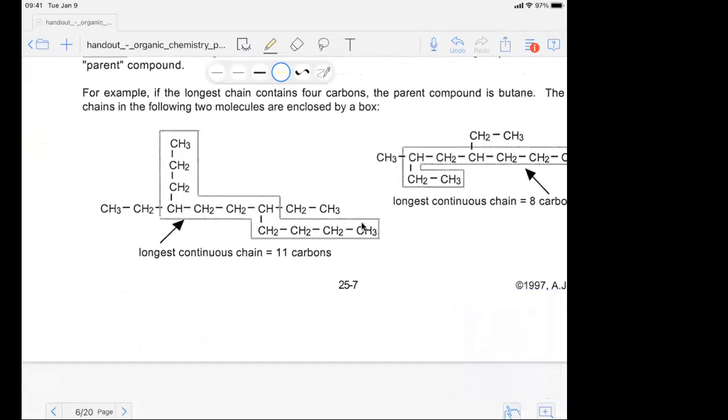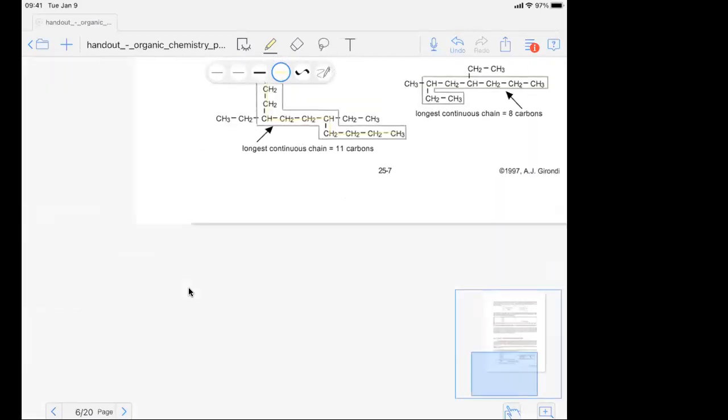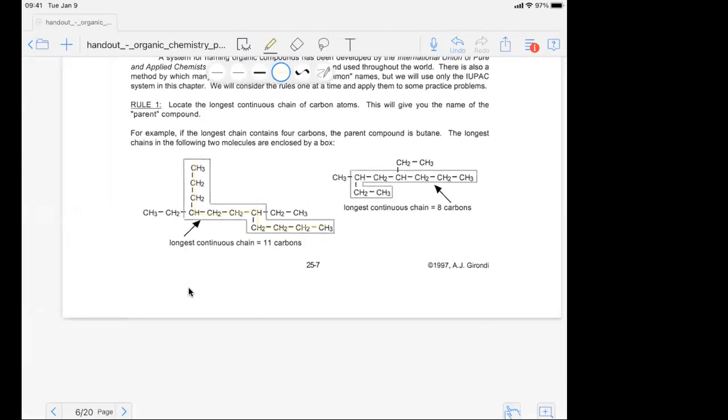Here you've got a large alkane. You identify the longest continuous chain that contains 11. Oh, I forgot the prefix for 11. Shoot, I'll have to look that up. Okay, I'll look that up later.